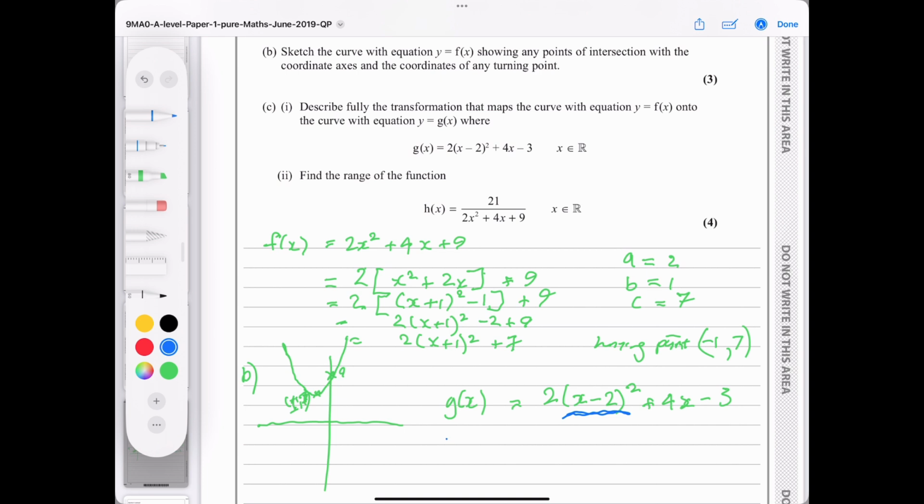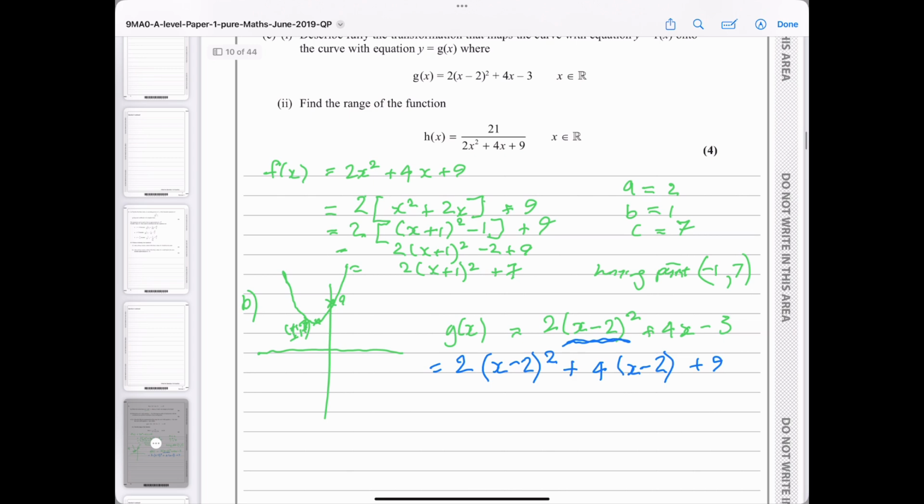So f, let's do it, so it means 2, and then we put (x minus 2) squared plus 4(x minus 2), that's no longer squared, plus 9.